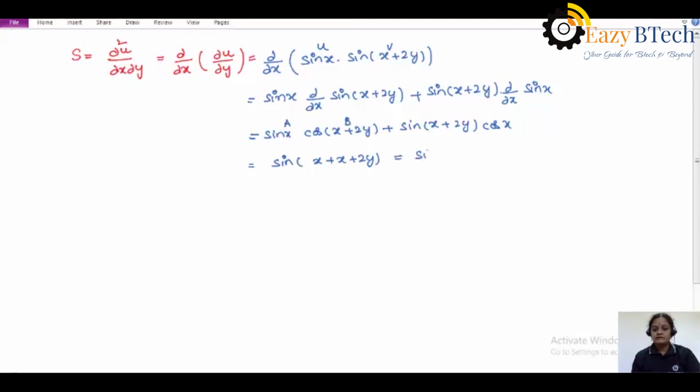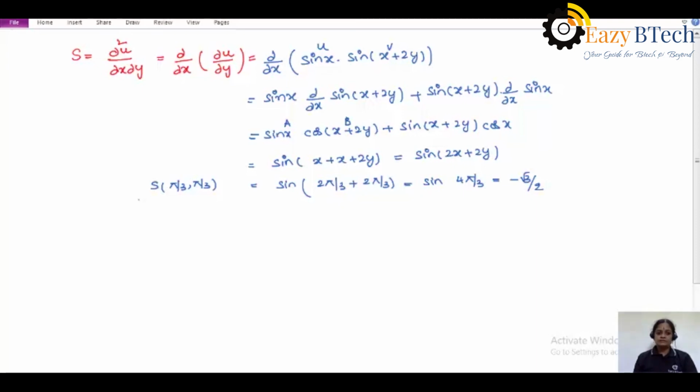Then finally the answer is sin of 2x plus 2y. So finding s at the point pi by 3 comma pi by 3, now substituting, sin of 2 pi by 3 plus 2 pi by 3, that is sin 4 pi by 3. Then 4 pi by 3 value is minus root 3 by 2.